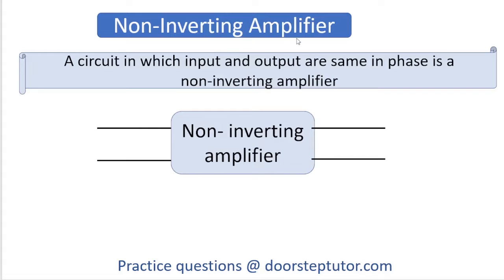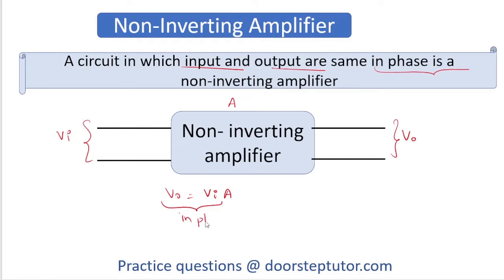A non-inverting amplifier is an amplifier in which the input and output have the same phase. Suppose there's an amplifier providing some gain A, and the input is applied as Vi, then the output voltage will be Vi into A. In this case the output voltage and input voltage are in phase, meaning they have either 0 degree or 360 degree phase shift.